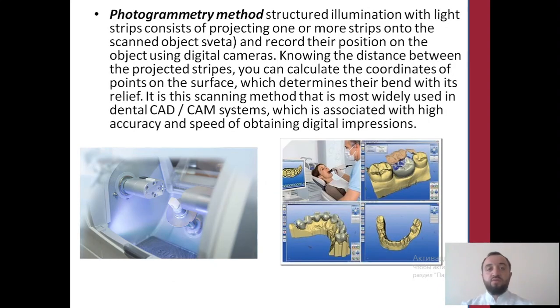Photogrammetry methods: structured illumination with light strips consists of projecting on the scanned object several strips and recording their position on the object using digital cameras.